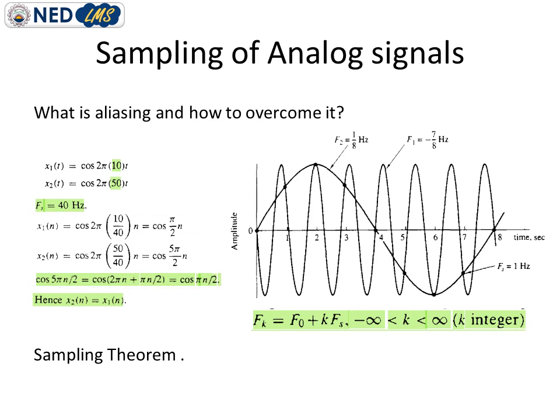You can see in the slide that you have a plot in which two sinusoids are overlapped. The first sinusoid is having the frequency as indicated in figure. f1 is equal to -7/8 Hz.